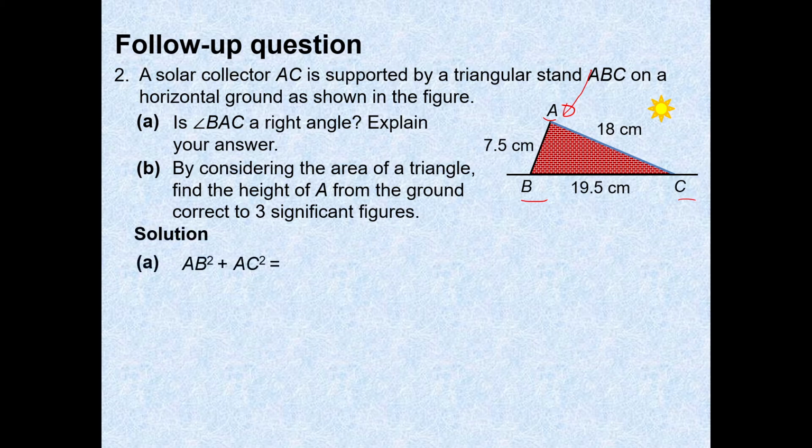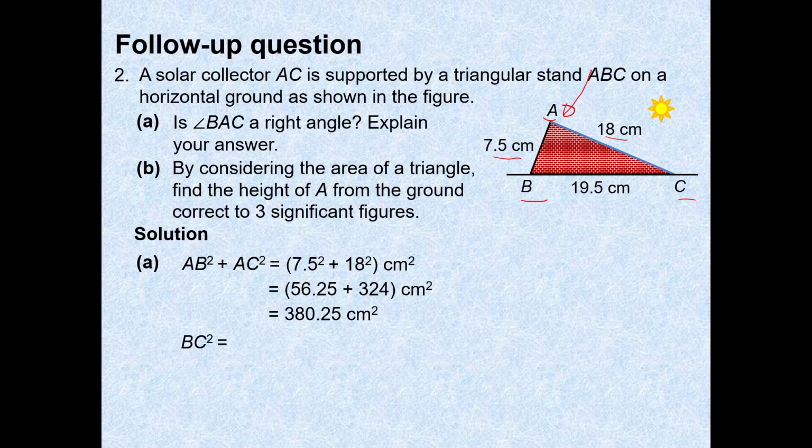So we can take out the two shorter sides, 7.5 and also 18. So we square them and then we sum them up. And then the sum will be 380.25. And then later on, the longest side, which is 19.5. So we square it, and it is also 380.25.